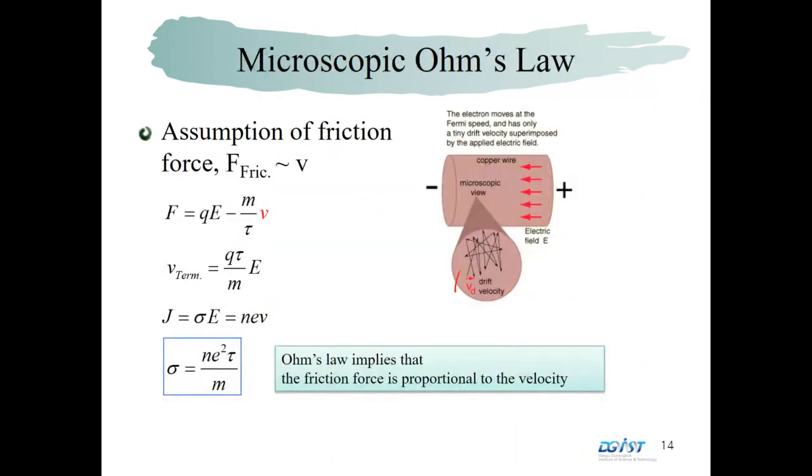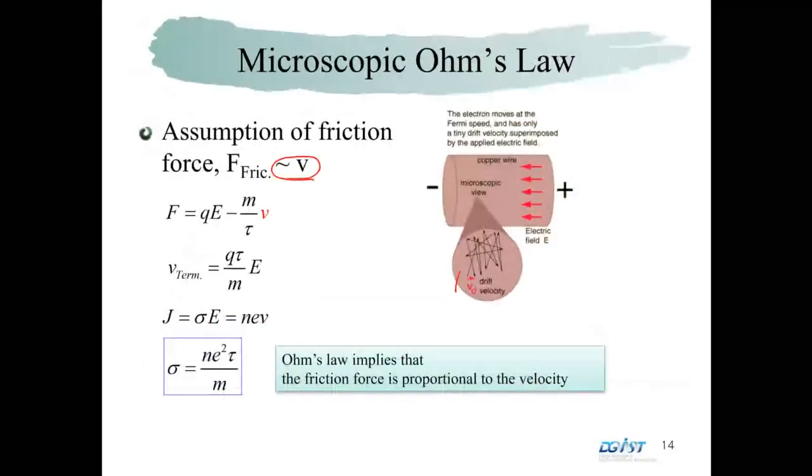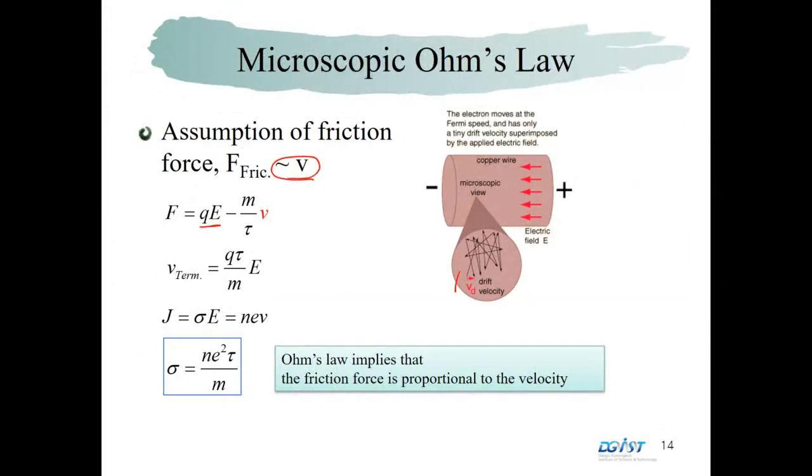In this derivation, we assumed that the friction force is proportional to the velocity v. If we rewrite the force acting on an electron, Q E is the force because of the electric field, and we can write down the friction force, instead of the collision concept, in a form proportional to the velocity of the electron.